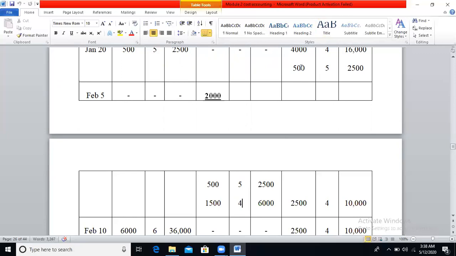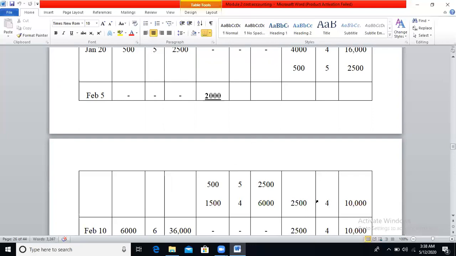Now the latest purchase, 500 units, is issued completely. We have only the remaining balance of 4,000 units. Out of 4,000, if you issued 1,500, the remaining quantity will be 2,500 at the rate of 4 rupees.